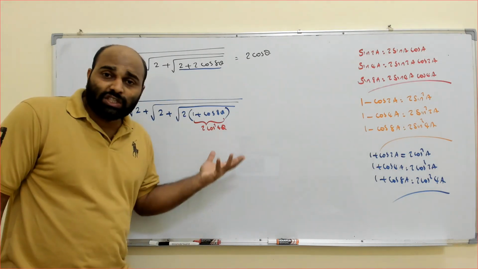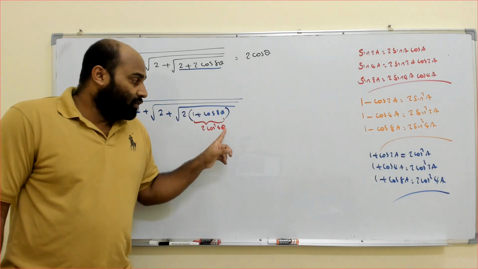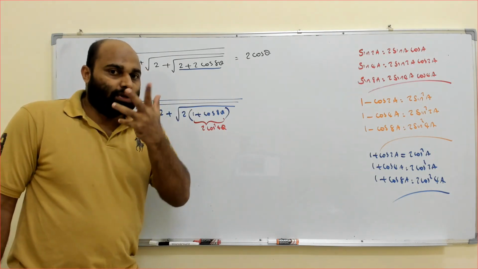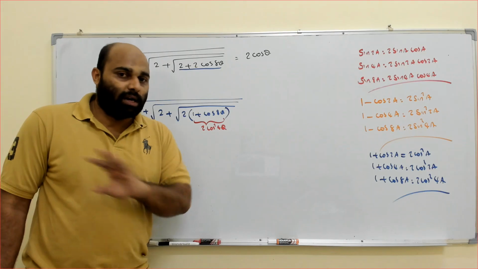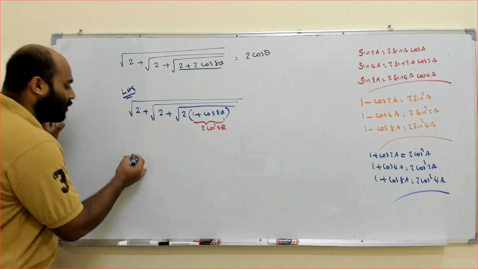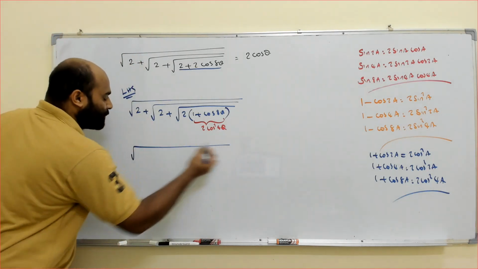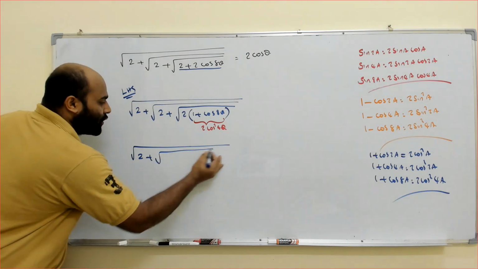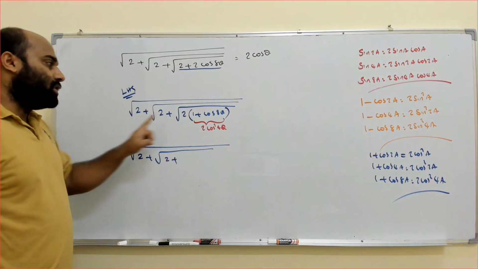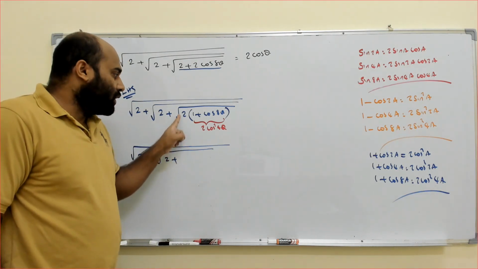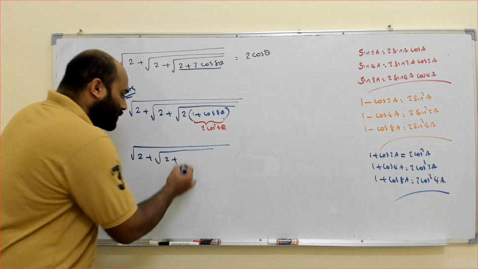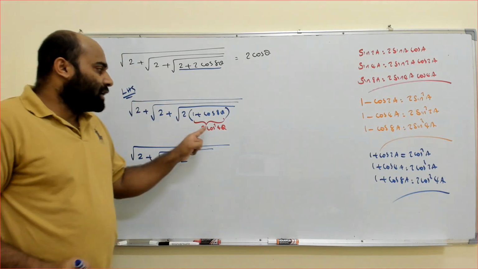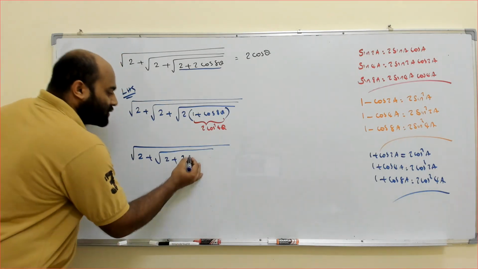What is the square root of cos square? That is cos 4 theta. Nothing will happen to the angle, it's a parameter, we can't touch it. So one root will go. So this can be written as 2 plus root of 2 plus, this root will go. Instead of that, 2 into 2 is 4, the square root of 4 is 2, and the square root of cos square is cos. So cos 4 theta.